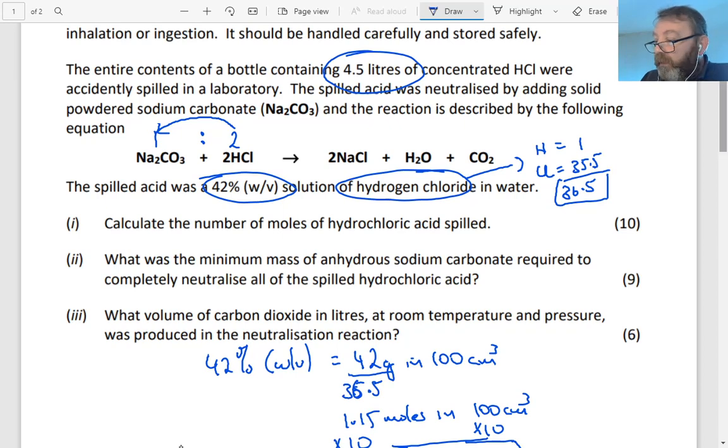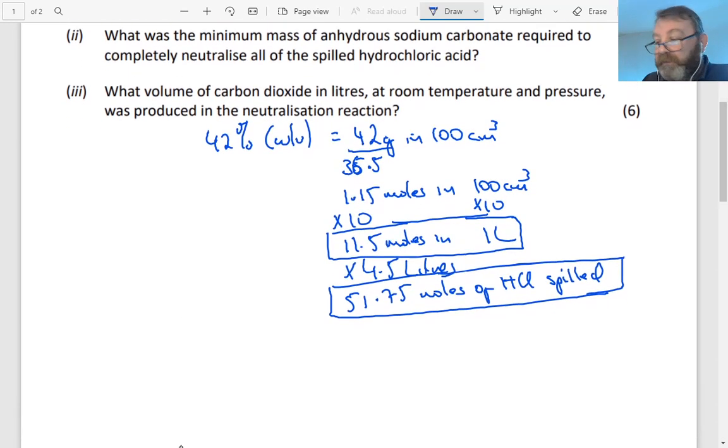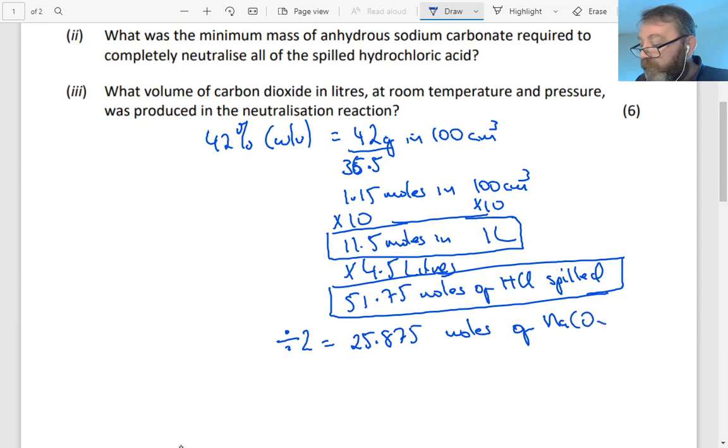So therefore, we only need half the number of moles of sodium carbonate to neutralize this thing. So I'm going to divide it by 2 to work out the number of moles of sodium carbonate. Now, when I divide by 2, I get 25.875 moles of sodium carbonate, Na2CO3. Okay, and again, I'm working in moles all the way.